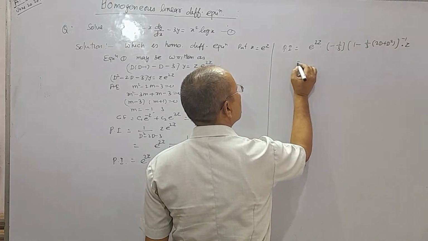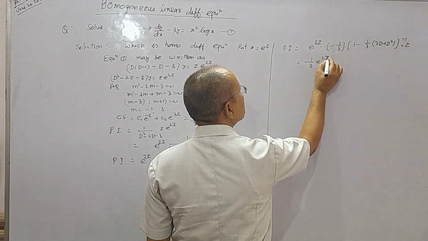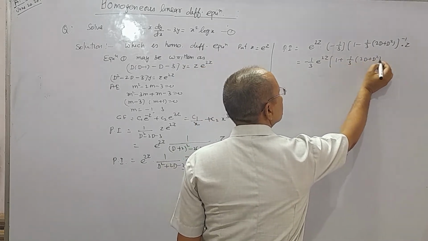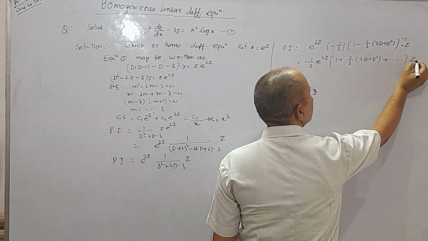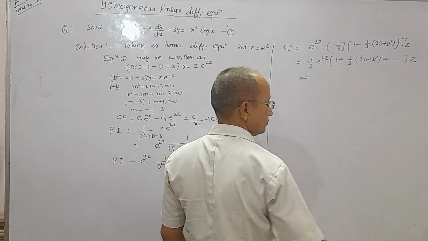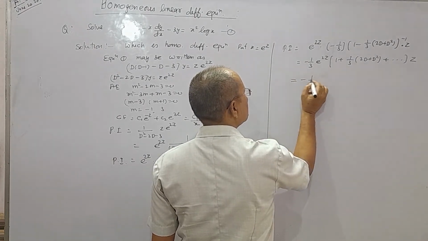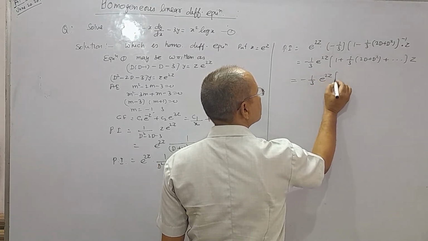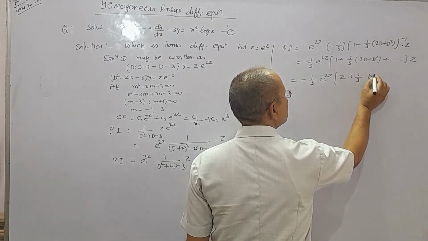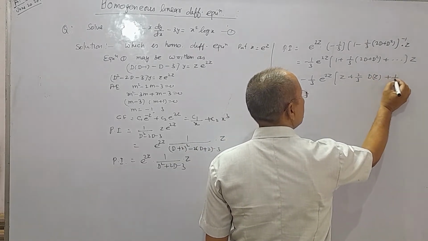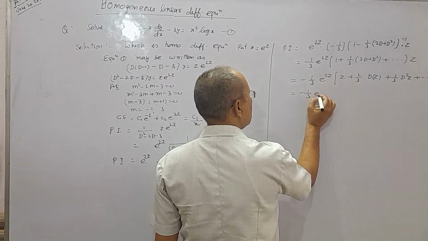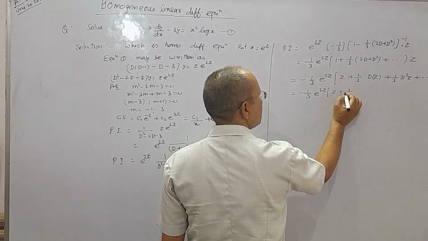Expanding in binomial form, 1 plus 1 upon 3 of 2D plus D square plus up to so on into z, minus 1 upon 3 e to the power 2z z plus 2 upon 3 dz, plus 1 upon 3 d square z plus up to so on, gives minus 1 upon 3 e to the power 2z into z plus 2 by 3.